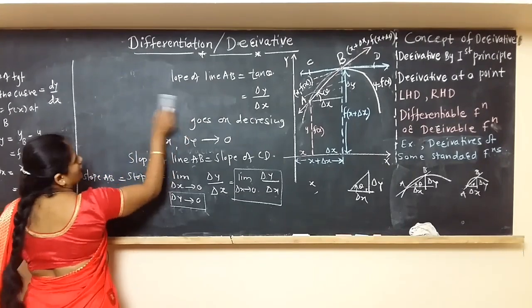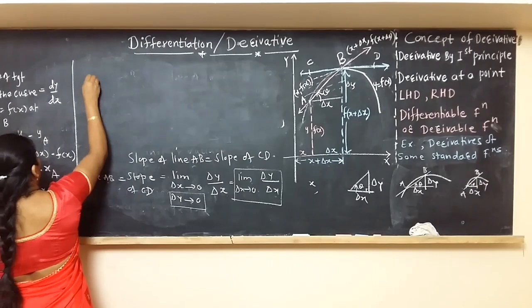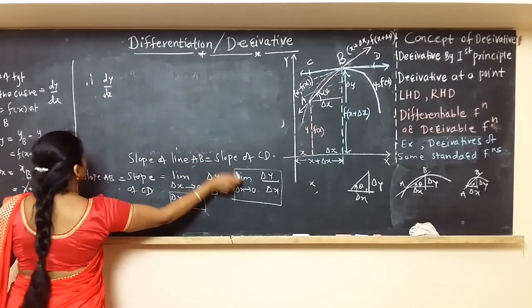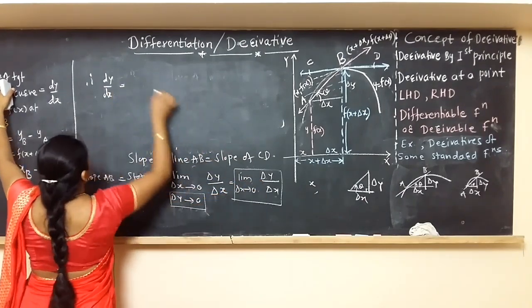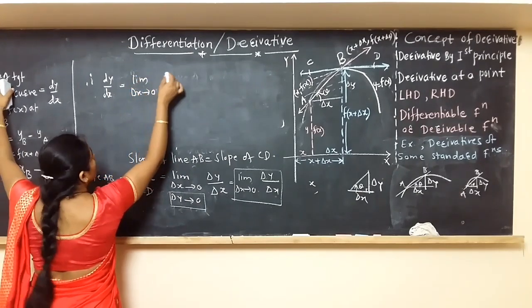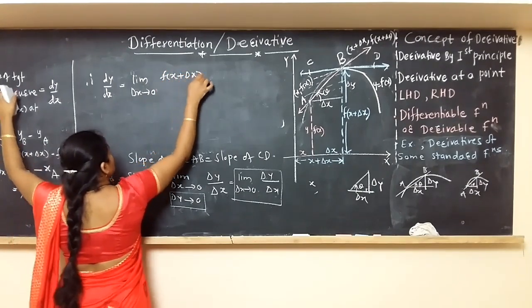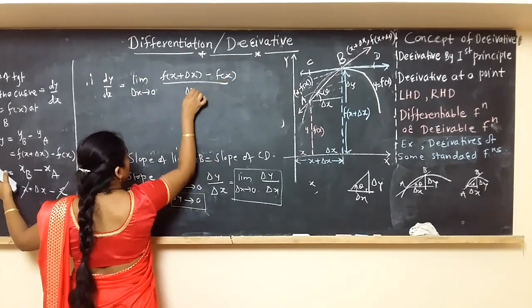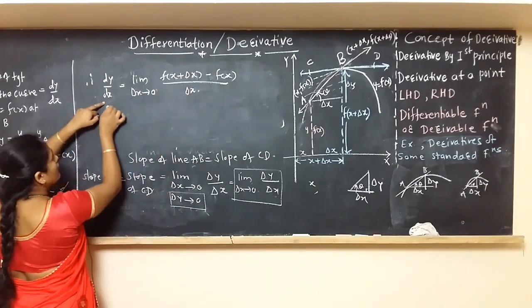So putting the values of delta y and delta x, dy by dx, that is the slope of tangent to the curve, that is limit delta x tends to 0, f of x plus delta x minus f of x upon the value of delta x. This is our derivative by first principle.